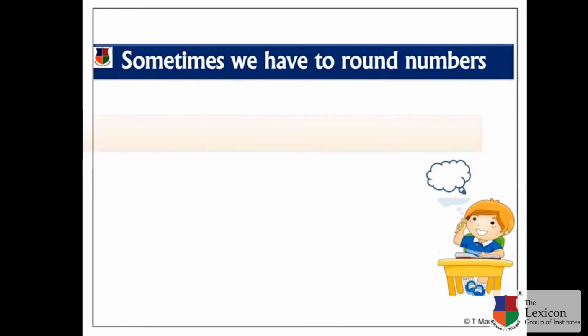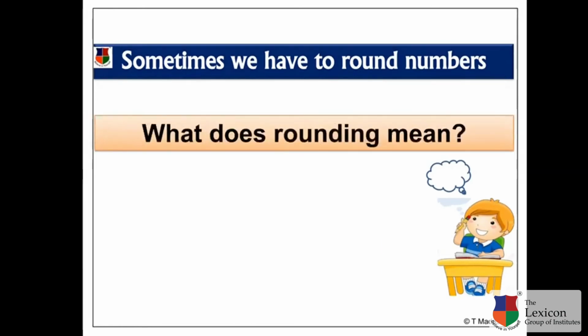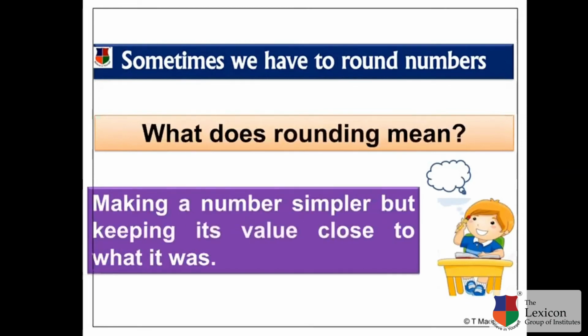What does rounding off mean? Making a number simpler but keeping its value close to what it was is called rounding off. What it means is, like, if you are going to a shop to purchase a notebook, and you have three 10 rupee notes.